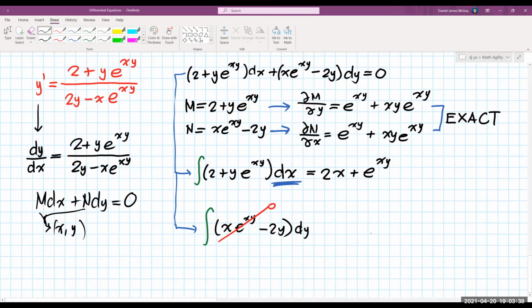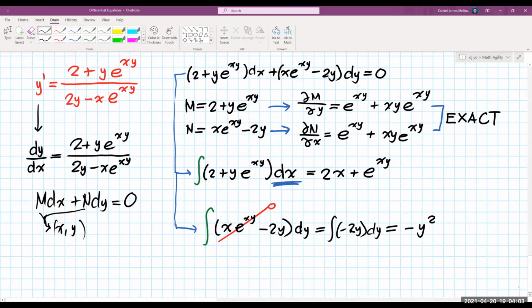It's actually like a cheat code. It's almost illegal, but it works. So we end up integrating negative 2y dy, which is equal to negative y squared.